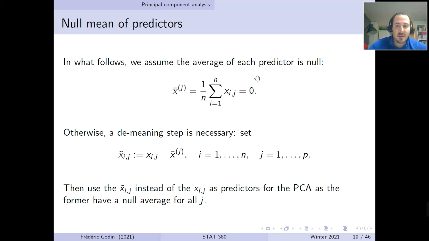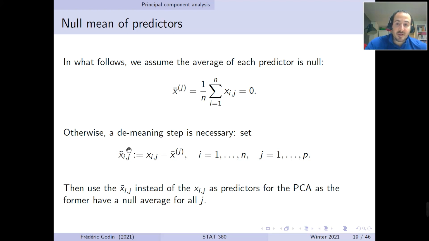If this is not the case, what you should do to apply principal component analysis is centering or de-meaning each variable. So you can define new observations: for the jth predictor of observation i, you take its original predictor and subtract the mean for that jth predictor.